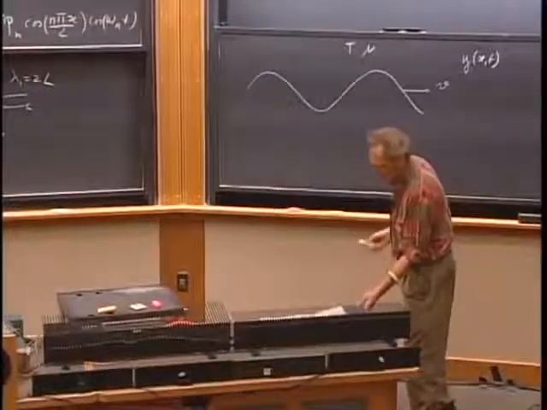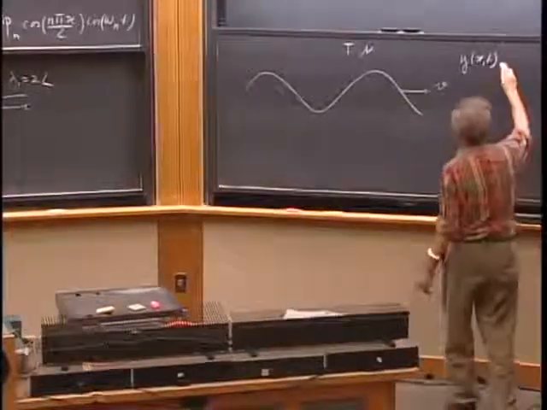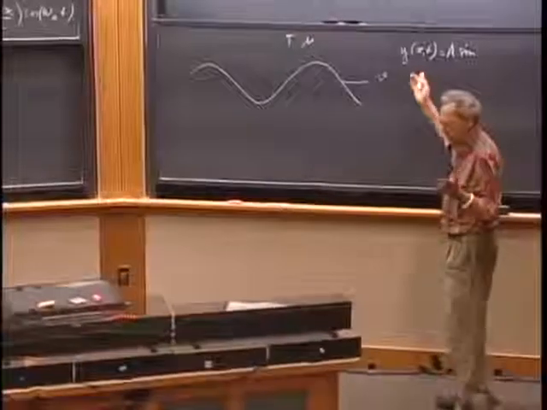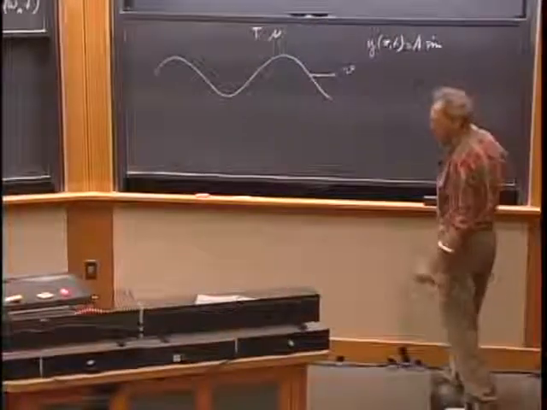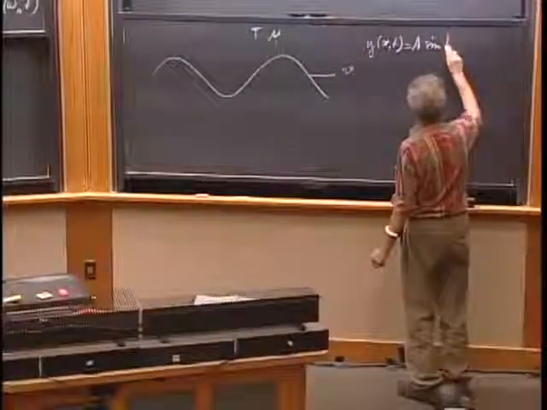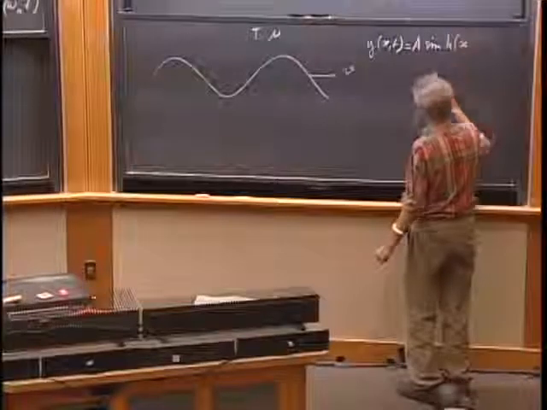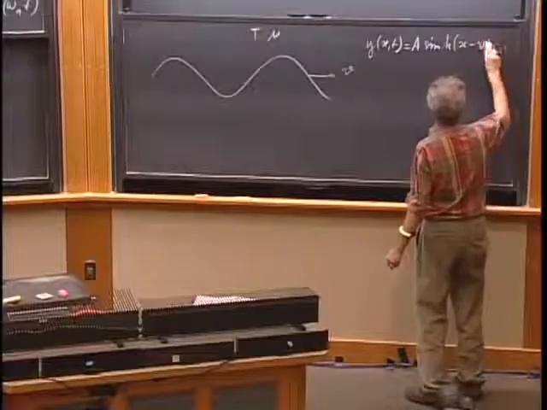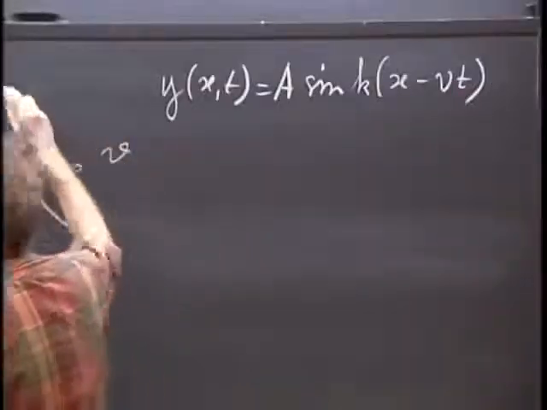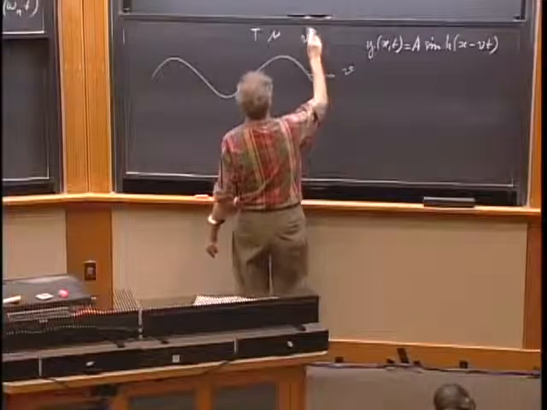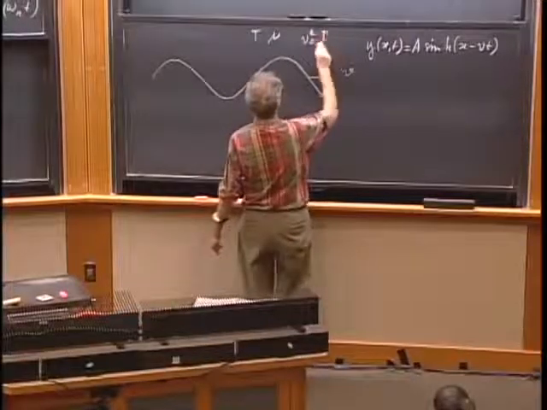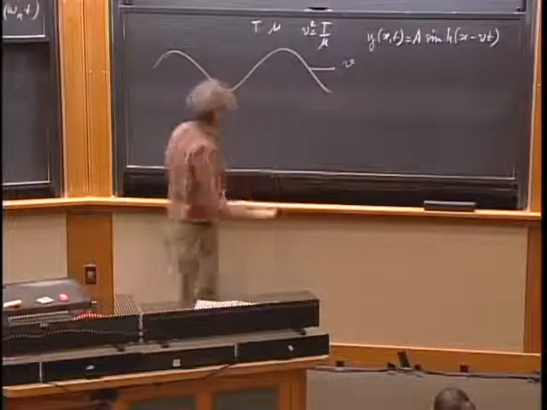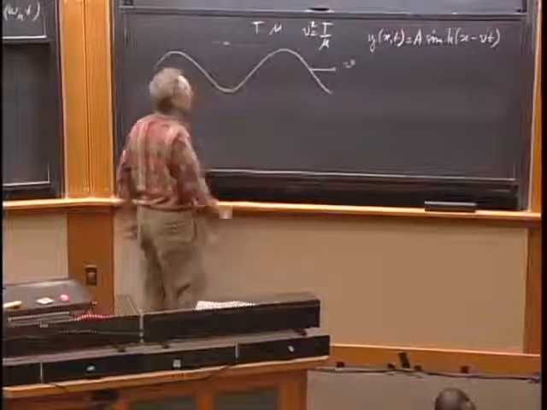I can give it a certain amplitude, A, times the sine. And I can write this in many different ways, but let's write it down in this form, k times (x minus vt). And we know this v, let's call it v squared, is T divided by mu. So this is a traveling wave that goes into the plus x direction.